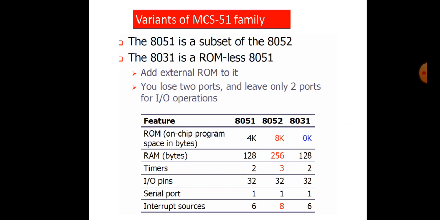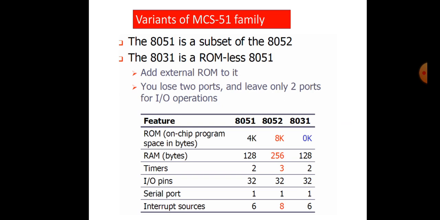If you want to add a ROM to your 8031, then you will lose 2 ports, and only 2 ports will be available for IO operation, since 8051 has 4 IO ports.